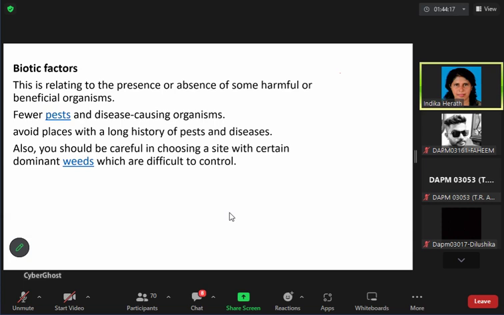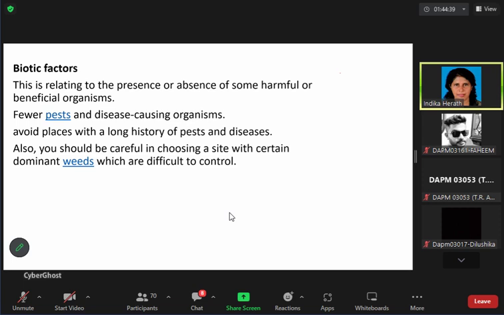And the biotic factors, the factors that are related to biological origin, right? So this is related to the presence or absence of harmful or beneficial organisms, and pest and disease conditions, and also we have to avoid the pest, and if there are any pest and disease conditions, we need to avoid that.